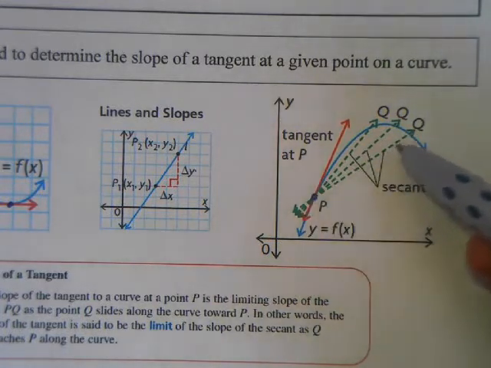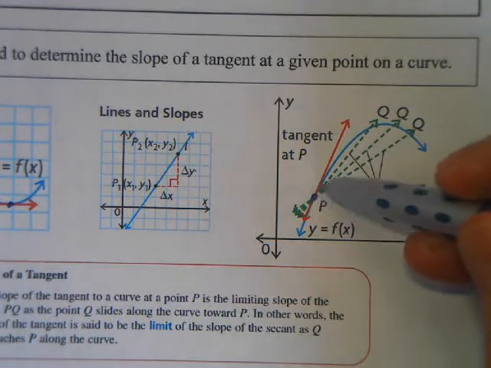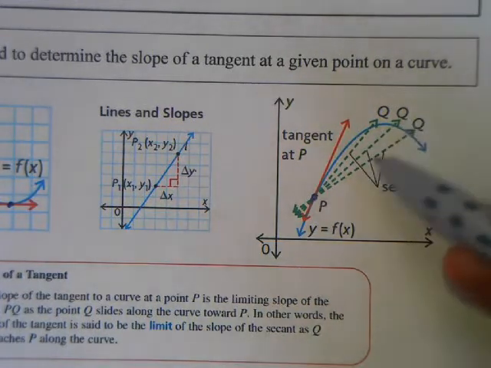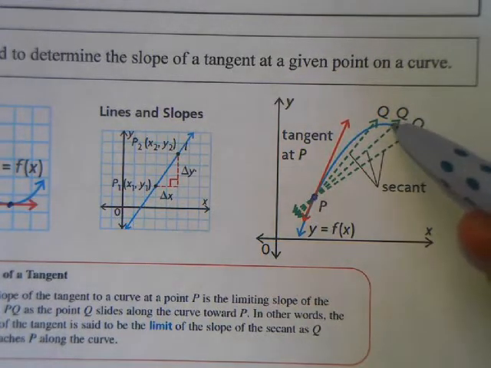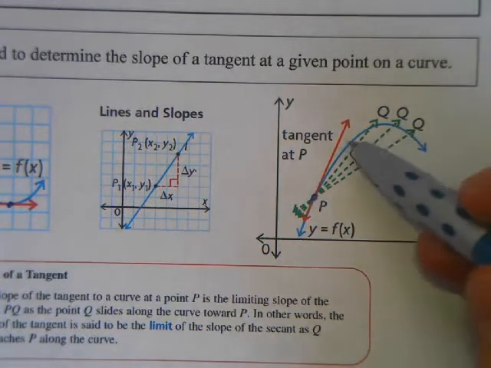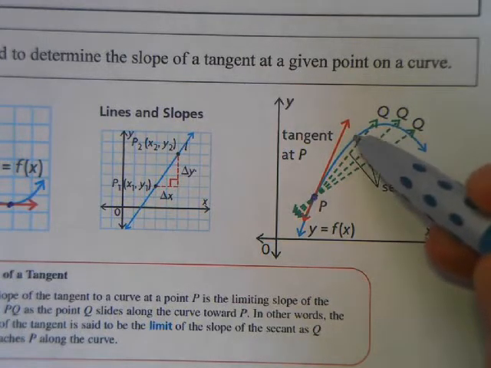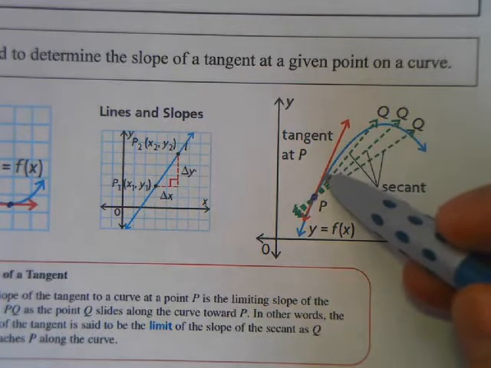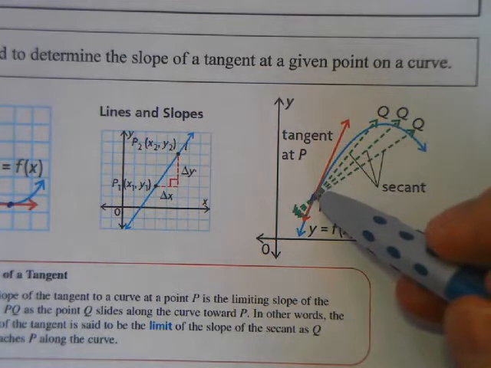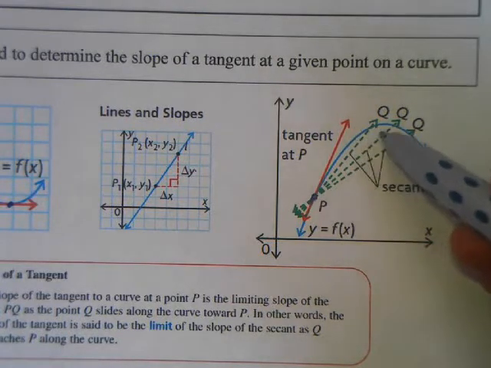But you can see as Q becomes closer and closer to where P is on this curve, for example, if I change Q to over here, there's my new secant, and that's getting closer to what this tangent is. And if I change it to that Q, it's getting closer. And you can imagine as I move Q closer and closer down this to P, as that distance approaches 0, that secant turns into a tangent.